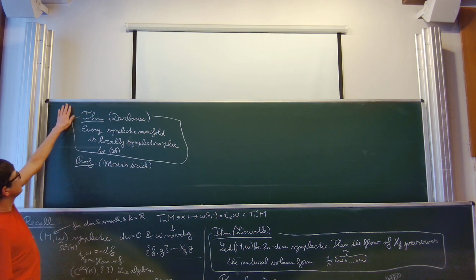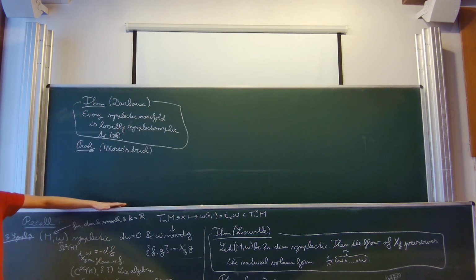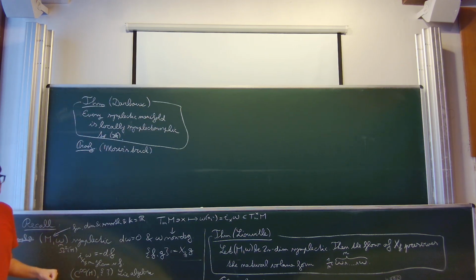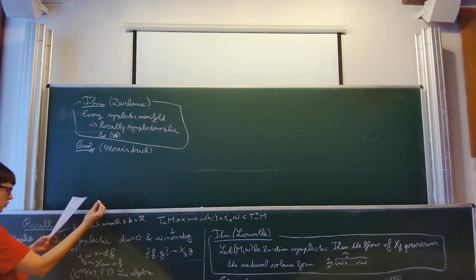By the way, it might not be immediately obvious, but these statements will be useful for us for Courant algebroids, so I'm not just proving it for its own sake. There are many things you can prove using that kind of thing. So this is a general useful thing, although I'm specializing in this case, but hopefully it will be clear how to generalize.